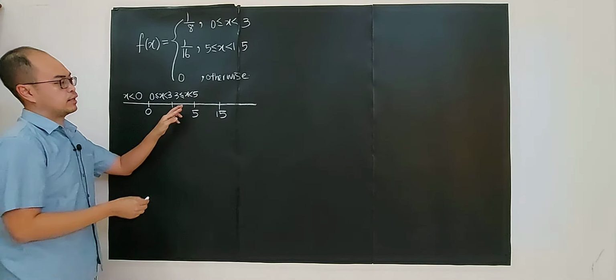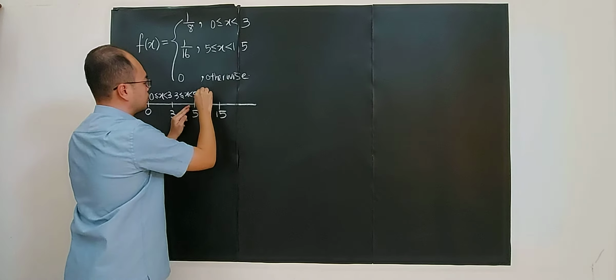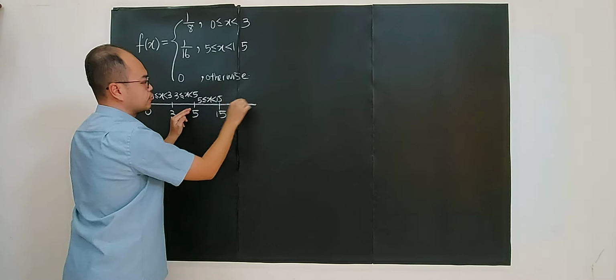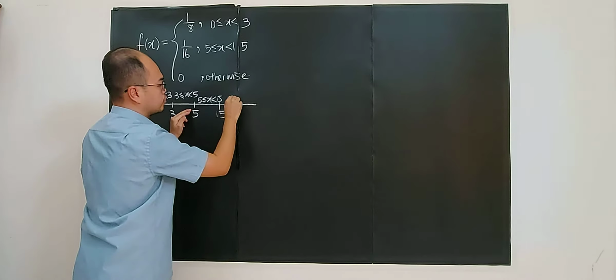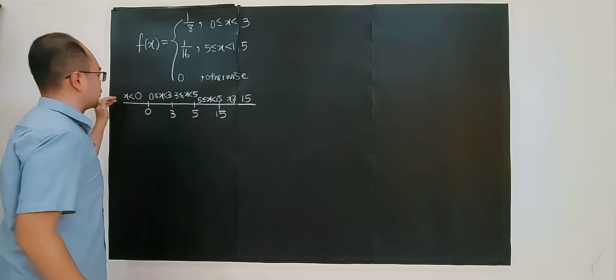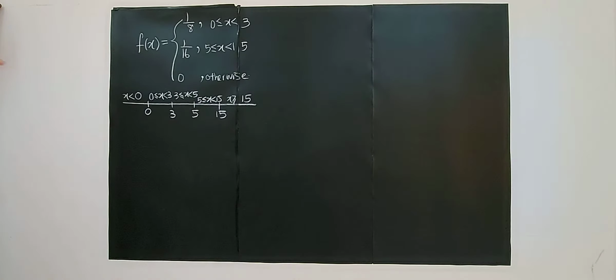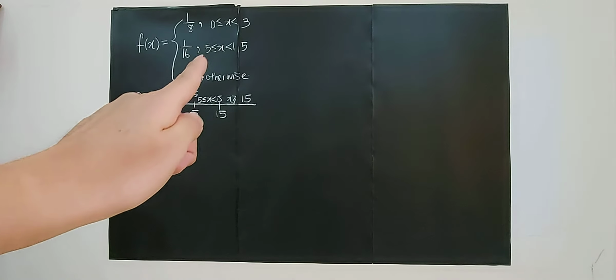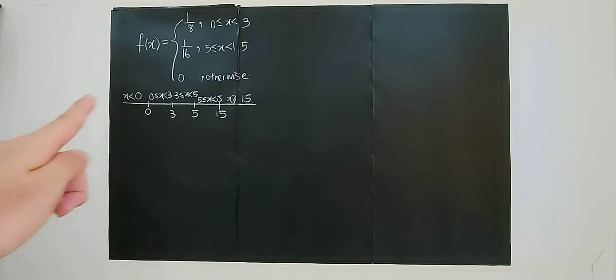Then 5 but before 15. And this last interval is 15 and beyond. So I divide the number line into 5 sections by using all the boundary values 0, 3, 5, 15.